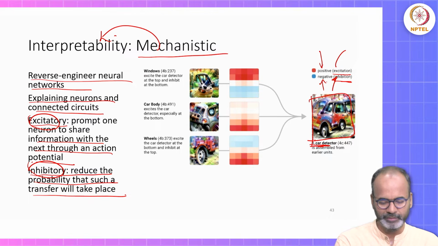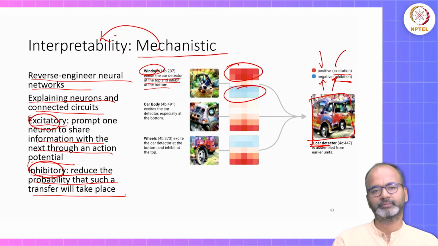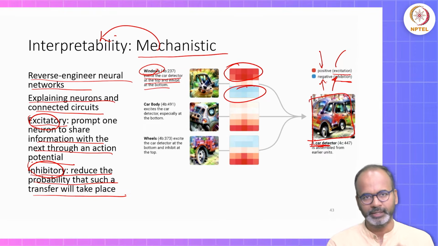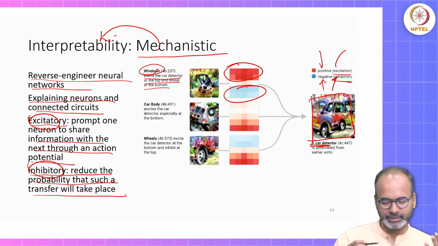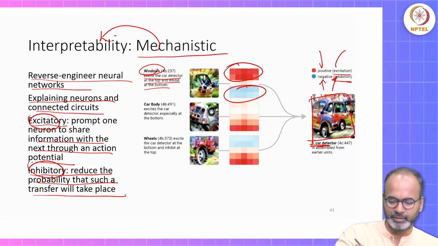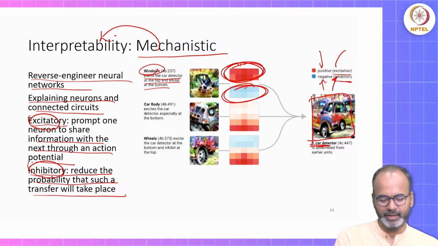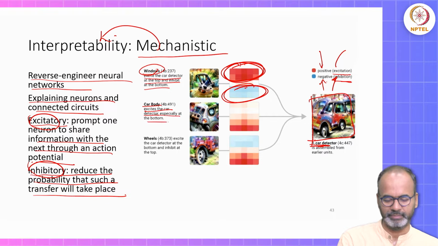First, let's look at how to identify a window, so to say. Excite the car detector at the top and inhibit at the bottom, which is positive here and negative here. It's looking at the image and using the top part, because windows are at the top part of the car, and the bottom does not have anything, right? Next, car body excites the car detector, especially at the bottom.